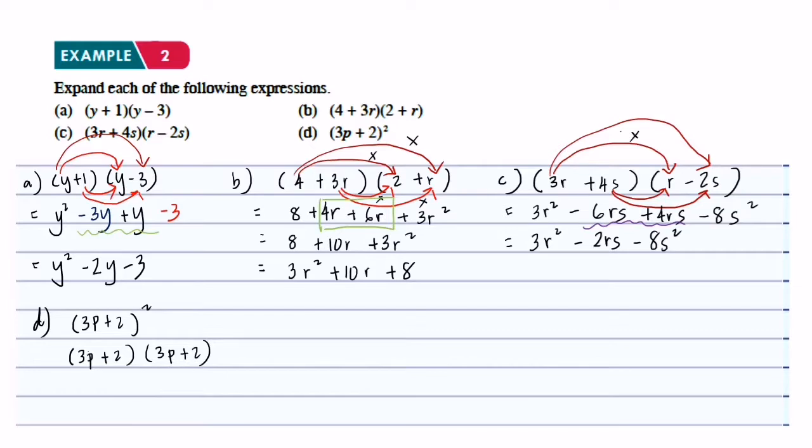Okay, so now 3p times 3p and also 3p times 2. 3p times 3p equals 9p squared. 3p times 2 equals 6p.